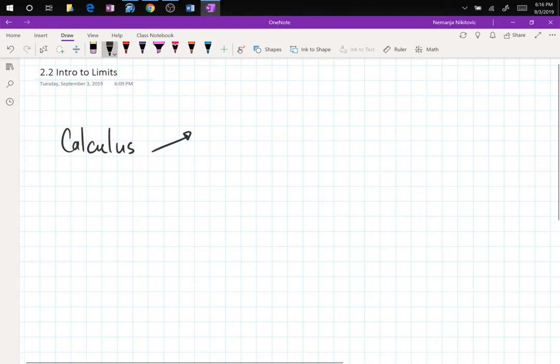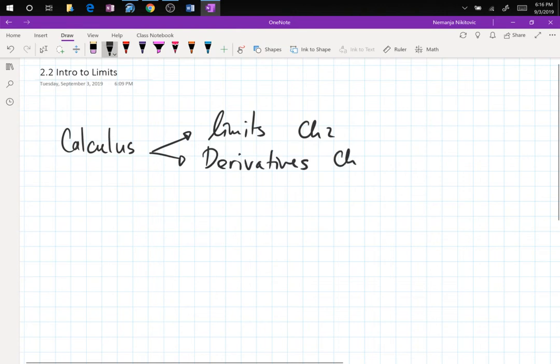Calculus will have limits, which is your chapter 2, derivatives, which are chapters 3 and 4, and then integration, chapters 5, 6, 7, a little bit excessive, I know, 7 and 8, and then chapter 9 is the mixture of all three.